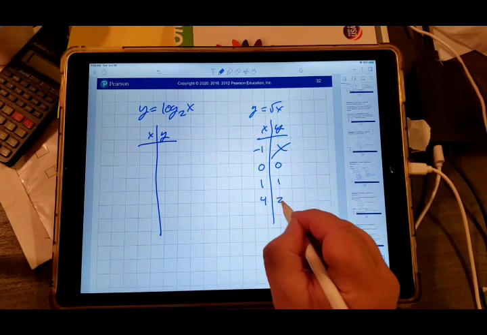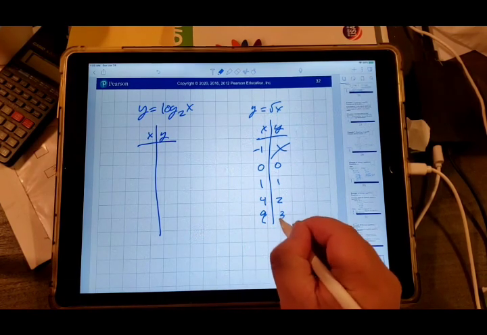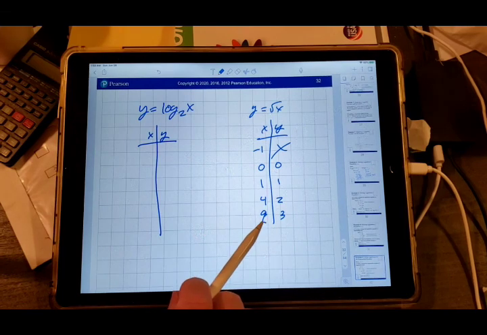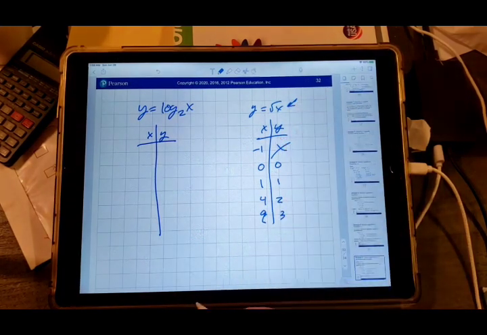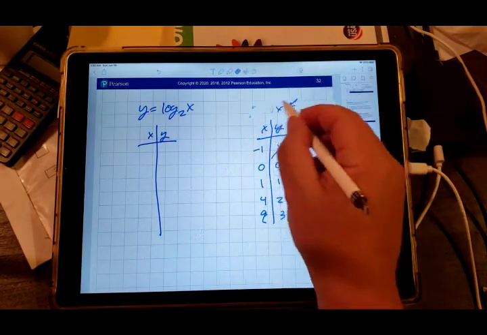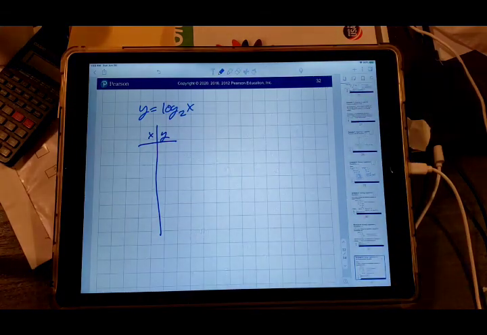Square root of 4 is 2. I pick 9. Square root of 9 is 3. So you see how I'm not just picking numbers at random here. I'm picking numbers because I know they're going to work. Let's get rid of that memory from elementary school.